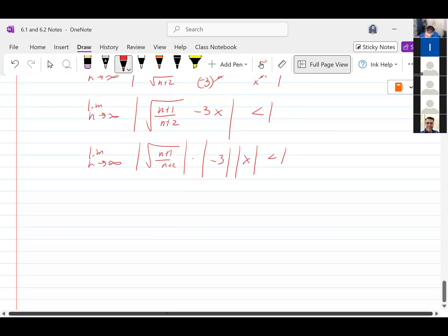But here, if I were to divide both top and bottom by, what would I want? A 1 over n squared. Yeah, 1 over n squared. If I divide both top and bottom by 1 over n squared, or really the square root of 1 over n squared, let's do that.